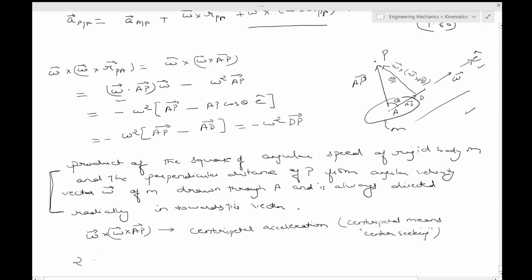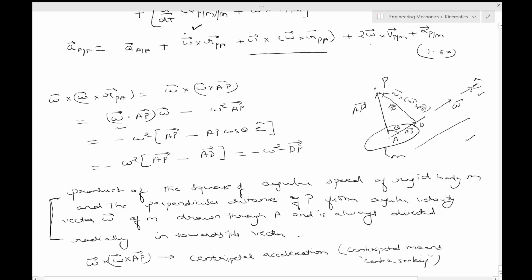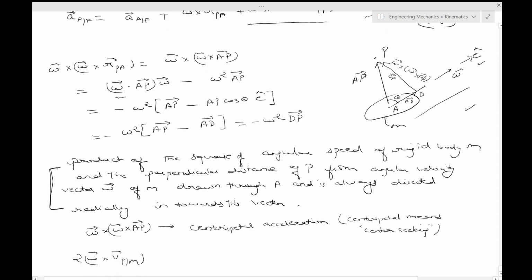And the term 2 omega cross VPFM, this term, is called the Coriolis acceleration. This is named after G. Coriolis.